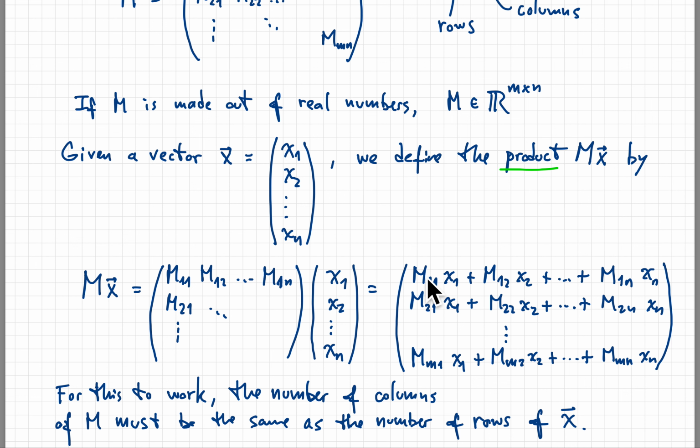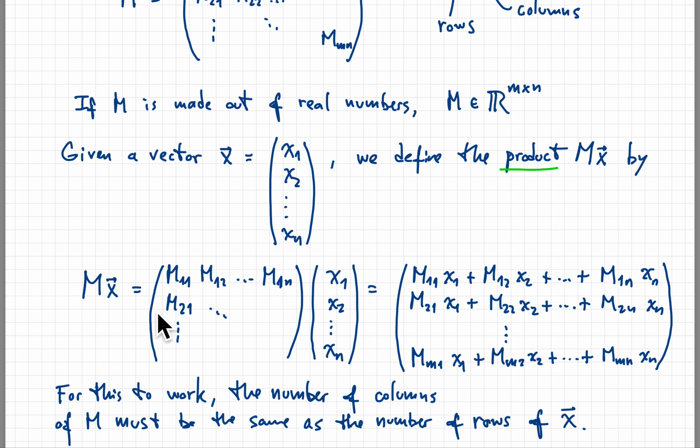So you see here m11 with x1, plus m12 with x2, and so on, all the way to the last one times the last one. So you go by row and by column, you multiply them one by one, 1 with 1, 2 with 2, 3 with 3, and so on, n with n, and then you add them all up.